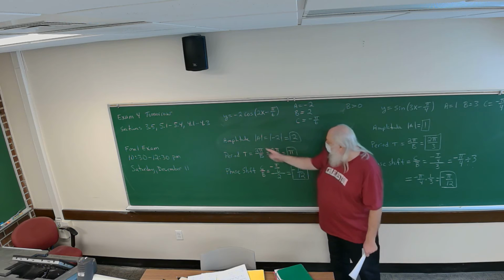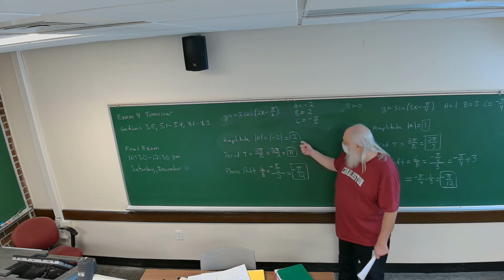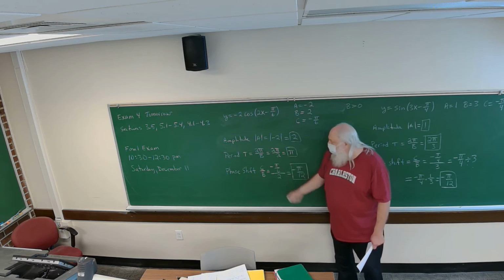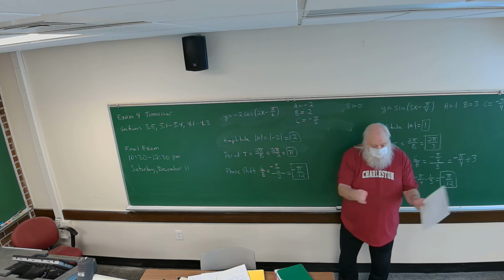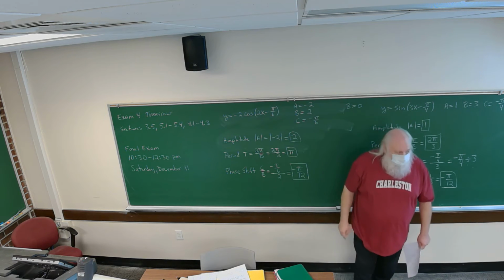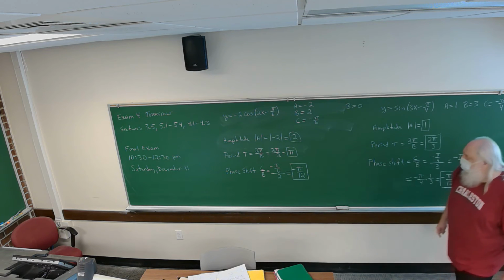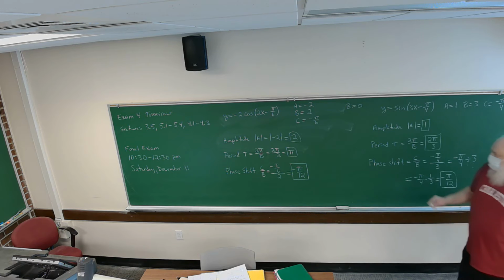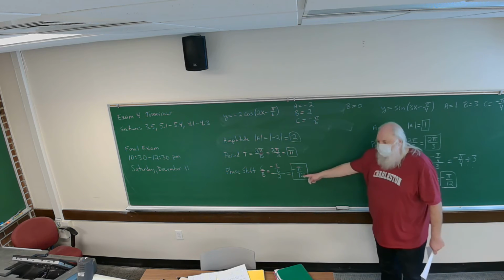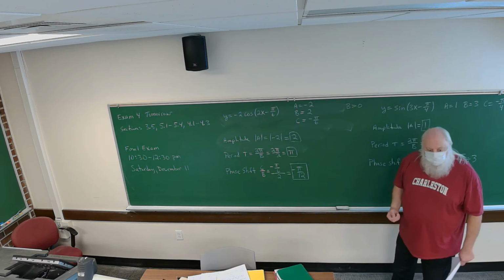In both cases the amplitude is 2 and B is 2, and so we have a vertical stretching but a horizontal compressing. Okay. And then the phase shift, right, the graph lastly gets shifted to the right, pi over 12 radians.